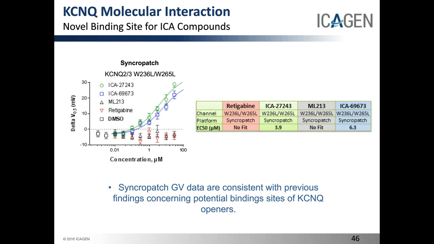And what we find is that for the mutant channel, ML213 and Reticle Beam had no effect on activation. However, the ICA compounds behaved just like they had done before with the wild-type channel, again suggesting that if you have compounds that interact with the channel at sites away from the common Reticle Beam binding site, the Syncropatch can effectively identify those compounds as openers and show those positive results.